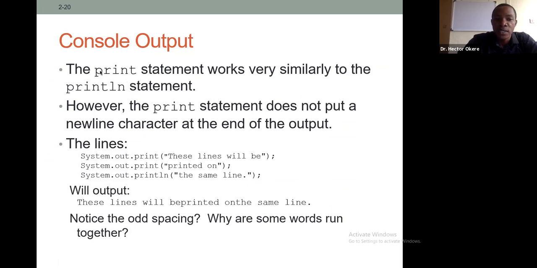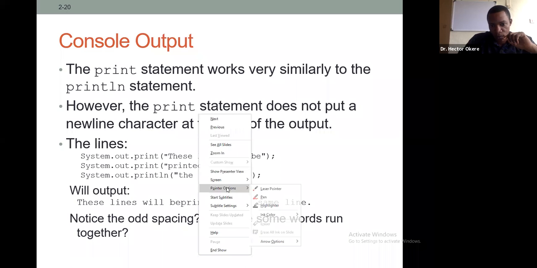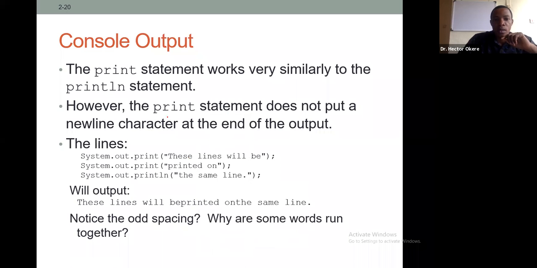So the print statement works very similar to the print line statement. However, the print statement does not put a new line character at the end of the output. This means new line, LN.